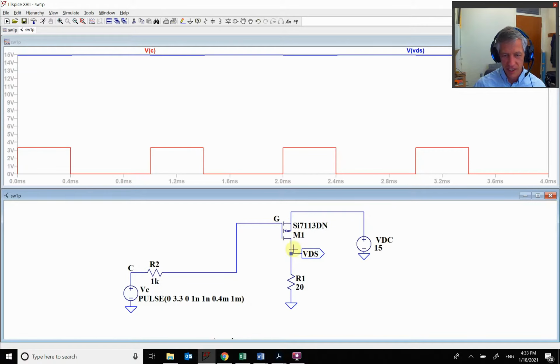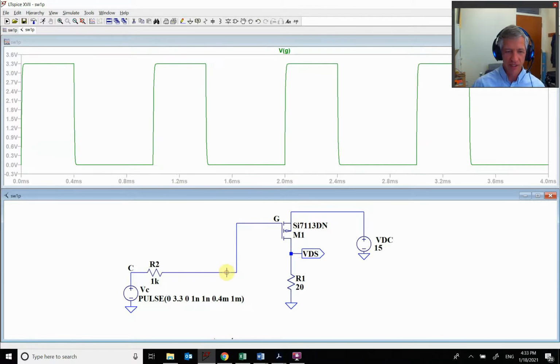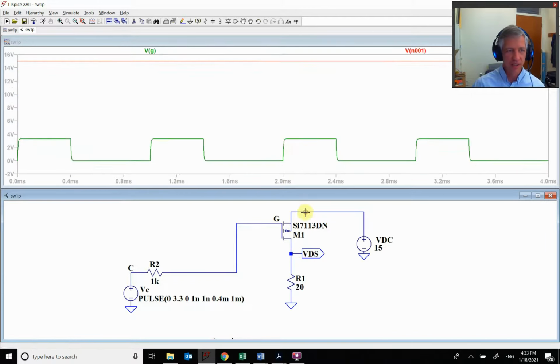So that's 15 volts. So this one is in triode. It has a large gate to source voltage, so this is 3 volts and this point is 15 volts. So you see my gate to source voltage is changing from 15 to like 12. So it's always in triode. I can never get it to go off.